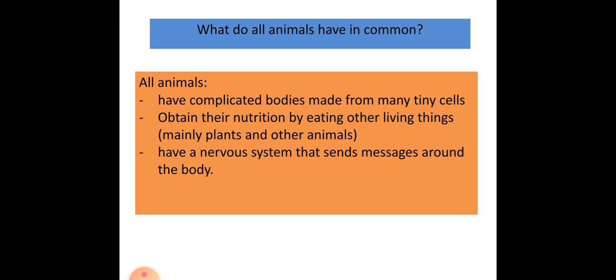Animals must obtain their nutrition by eating other living things, mainly plants and other animals. All animals have a nervous system that sends messages around the body. So these 3 points are about what all animals have in common.